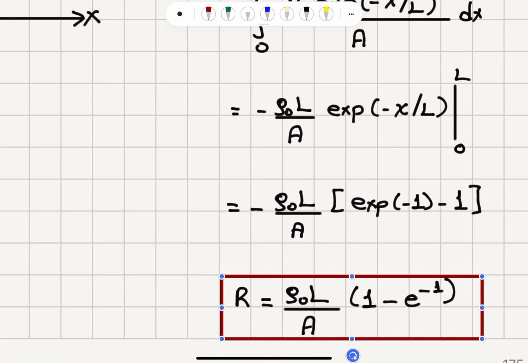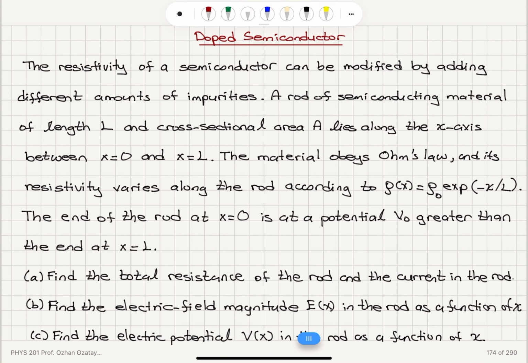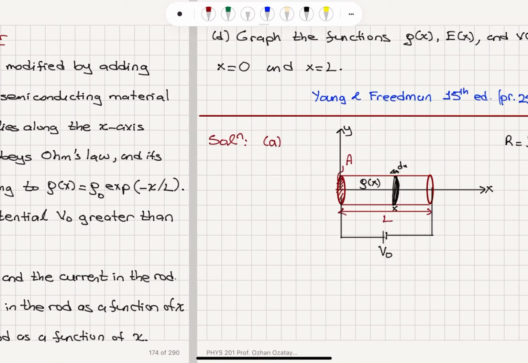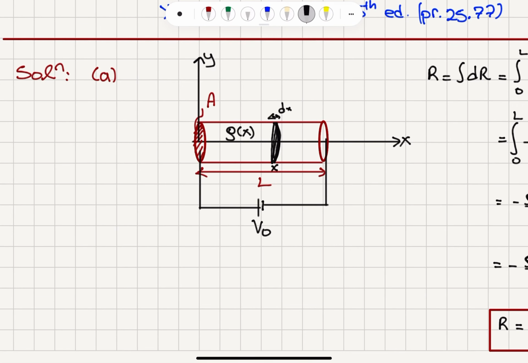That's the total resistance. So part A was asking me the resistance of the rod and the current in the rod. Well, the rod is said to obey Ohm's law.